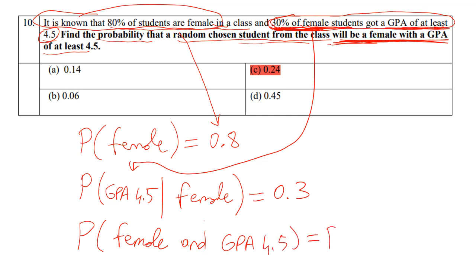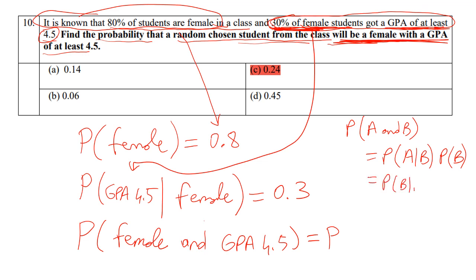So if you remember the rule, the A and B rule, you can write this formula all the time, for independent or dependent events. It will work anyway. Now, I'll write the probability of female first, because I have female here.